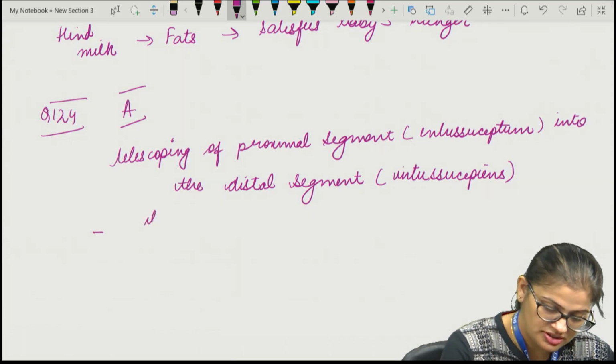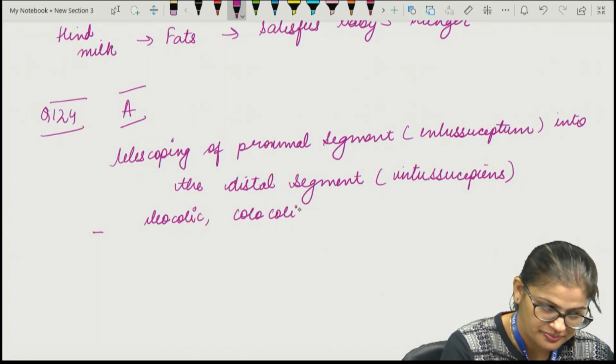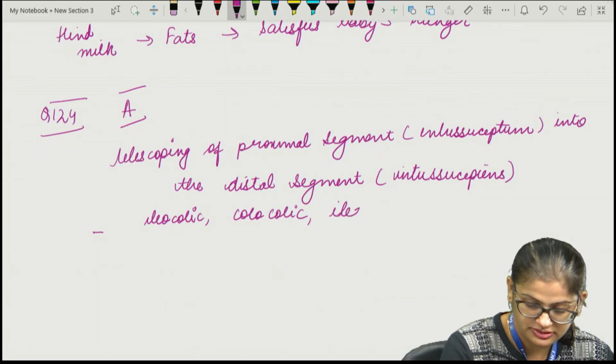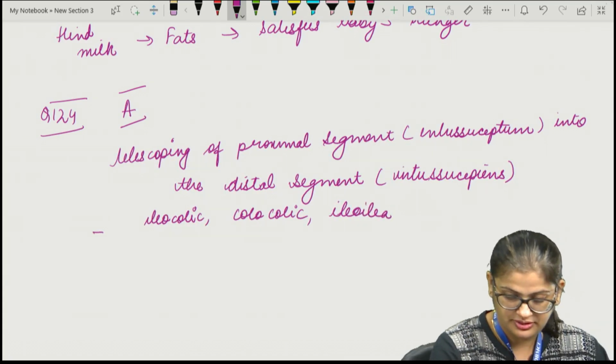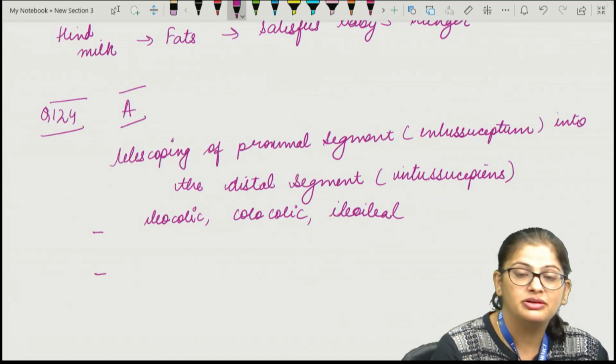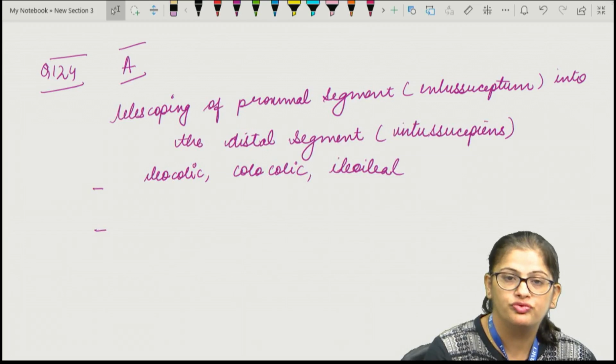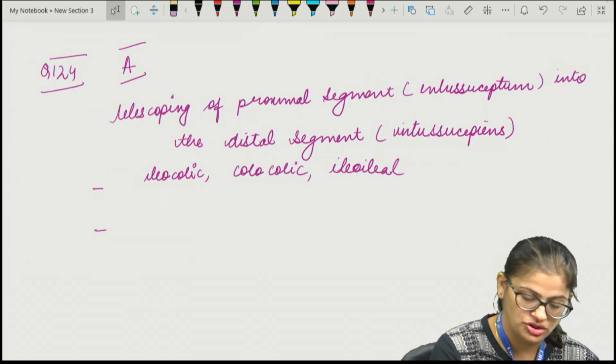So this may be either ileocolic, colocolic, or ileo-ileal. Usually it can be seen in children at the time of weaning or following introduction of a new food, or after vaccination, or after any viral infection.